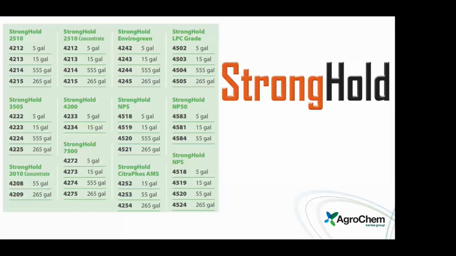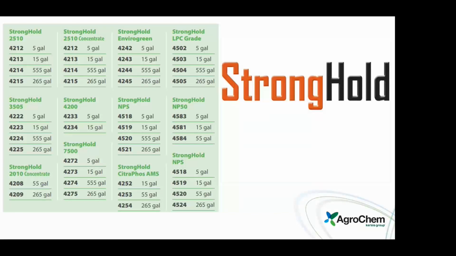Those have been the staple of agrichem products, all the others still being available and used in different markets, but those 2510, 3505, and we have another one called 2010, which is our basic acid, all have a phosphoric and sulfuric blend. Phosphoric acid, of course, being one because of the fact it's not as strong and corrosive as a nitric acid, has been one that's been a constant use item.